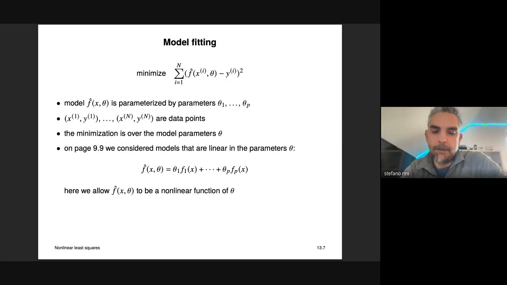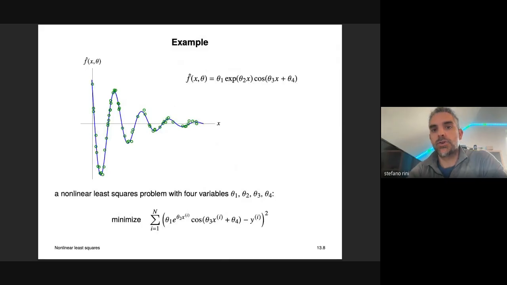And we found that if the model is linear in the parameter theta, then we know how to do it. But in general, we will need to do a search over the parameters of the model. As an example, let's say that we have the model f hat x of theta equals theta 1 times exponent of theta 2 x, times cosine of theta 3 x plus theta 4.